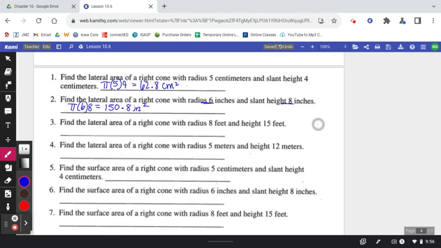Okay, here's where they get tricky. So on this one, they're telling us that the radius is 8, and they give us the regular height, which is 15, but we need the slant height to find the lateral area. So we're going to need to use the Pythagorean theorem again. 8 squared plus 15 squared equals c squared.